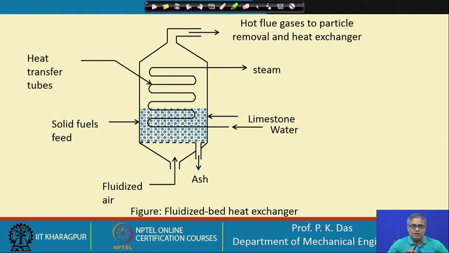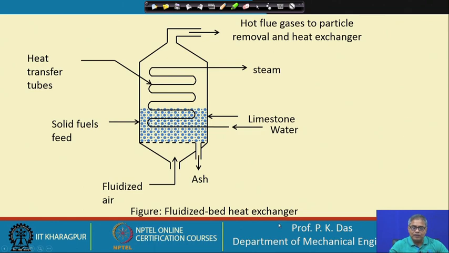Here I have picked up one particular heat exchanger from our last classification, a fluidized bed heat exchanger. There could be different types of fluidized bed heat exchangers, but I have taken an example where steam is being formed from water.